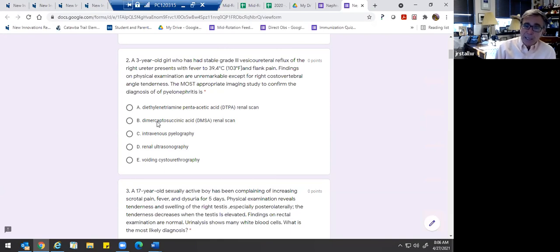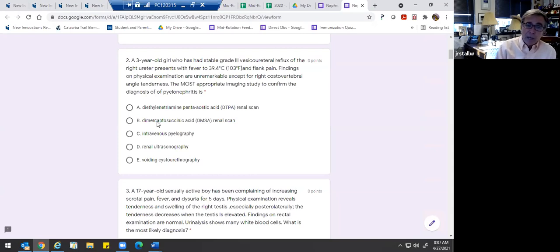This is a database question. What is the most appropriate imaging to confirm? The word confirm. Well, they're asking what is the most sensitive test to diagnose pyelo, short of sticking a needle in the kidney and getting pathology. And this is a DMSA scan. A DMSA scan is the scan for pyelo.